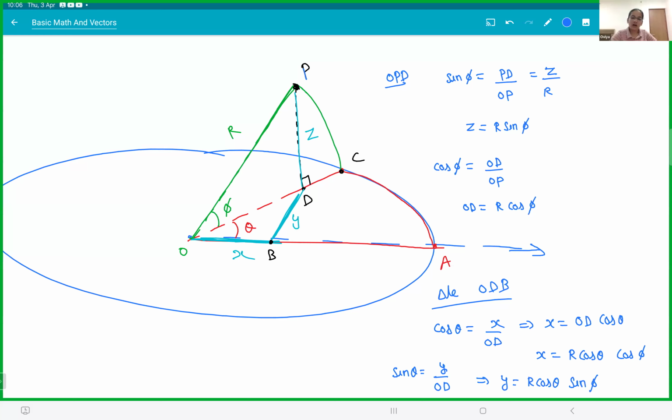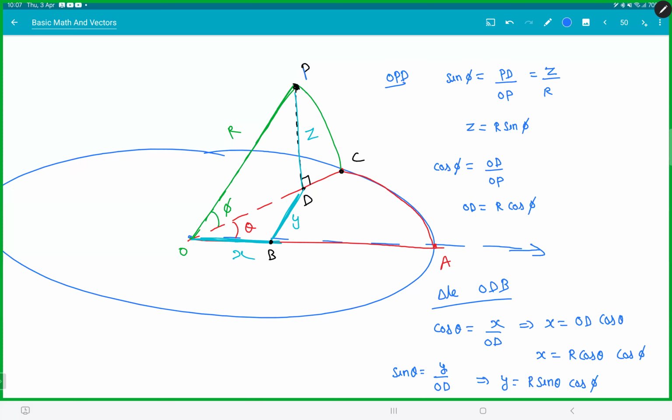Vidya: Y will be equal to sin theta into R cos phi, right? You're right, I'm sorry. R sin theta cos phi. Sorry, Vidya. Clear now, Vidya? Got this?